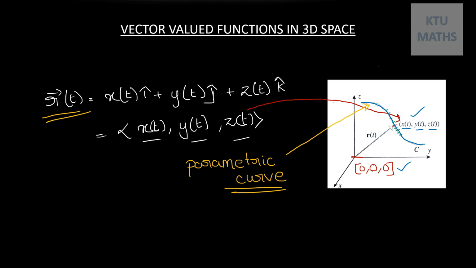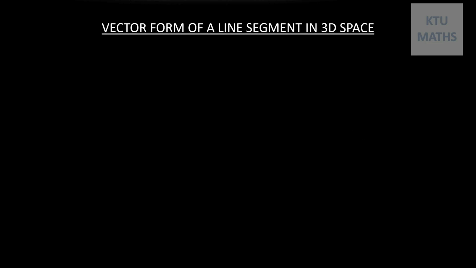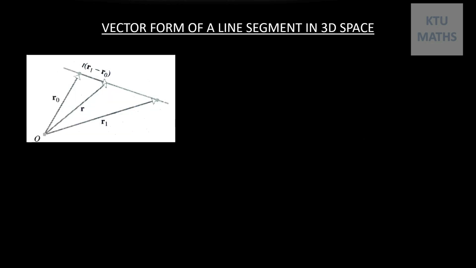And by two vector valued functions, we can get even a line segment. That's what we are going to study next. Now here we will study some basics of the vector form of a line segment in 3D space, because this portion is similar to that of the derivative of vector valued functions, and the geometrical definitions of both are very much intertwined. So let us study it.